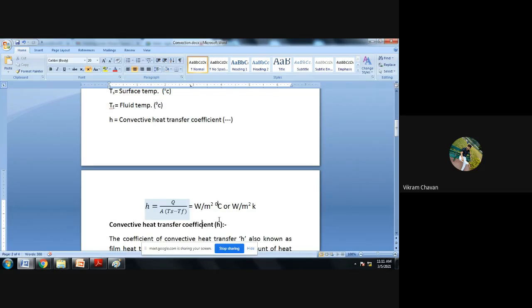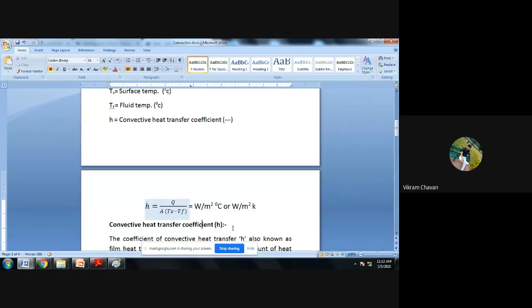Remember the difference: the thermal conductivity unit is watt per meter degree Celsius or watt per meter degree Kelvin, whereas the unit of h, the convective heat transfer coefficient, is watt per meter square degree Celsius. This is also one type of MCQ.